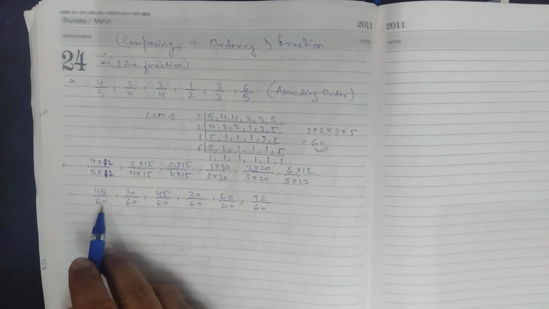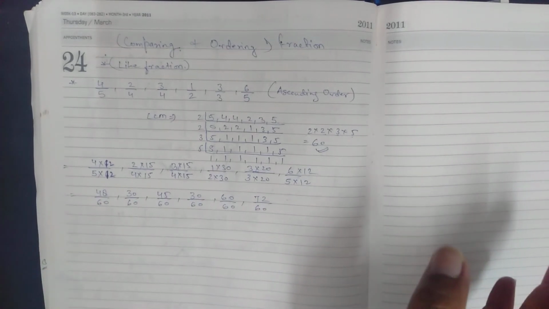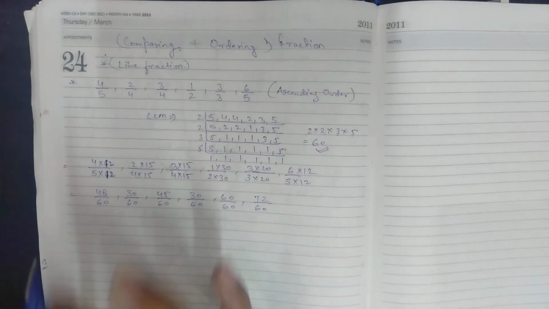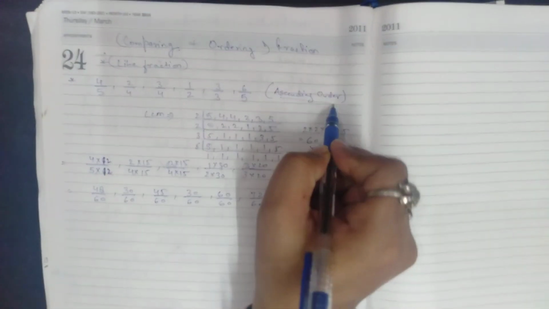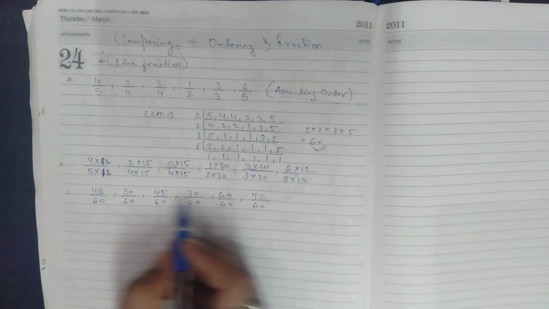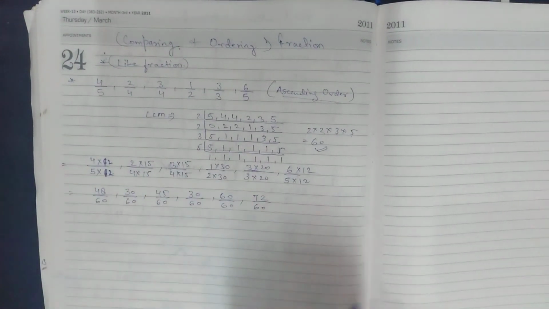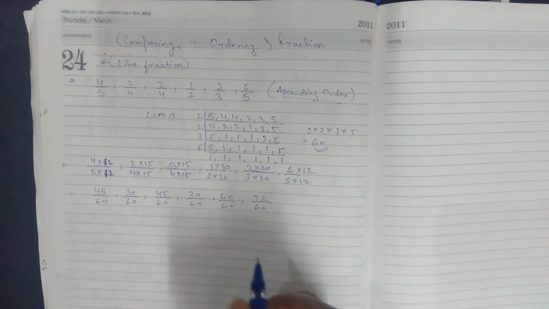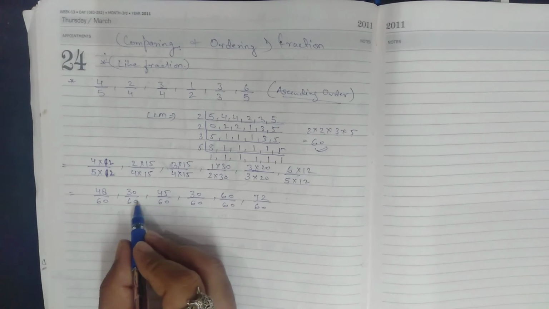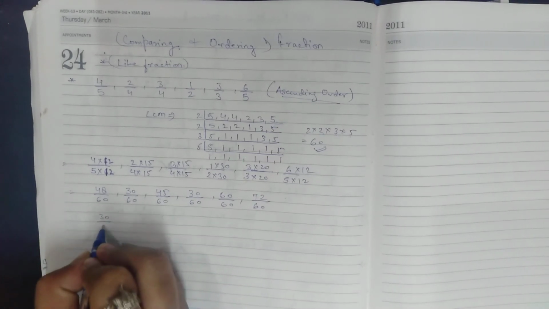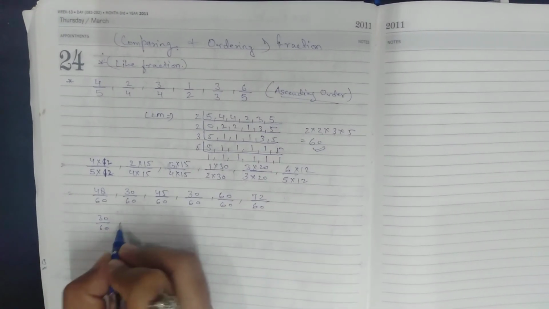Good. Now see, all the denominators are equal. Clear? They are all like terms. So now how can we find the ascending order? See, by seeing the numerator we can easily find out which is the smallest one, which is the largest one. Is it so? See, 30 upon 60, here also 30, repeat it.